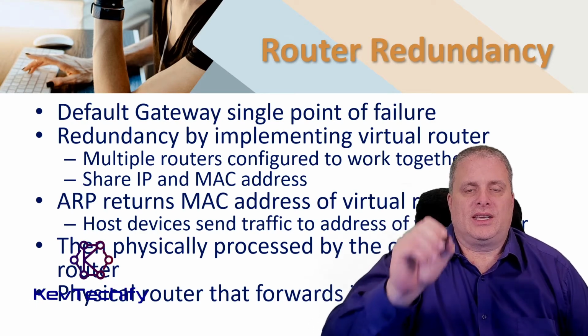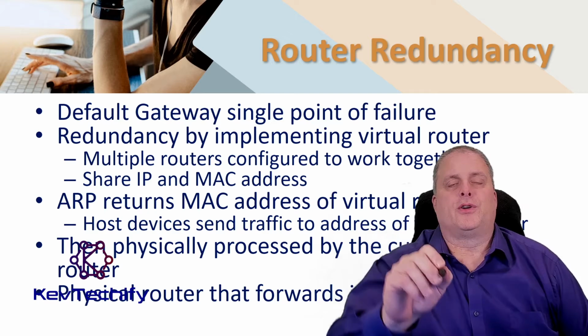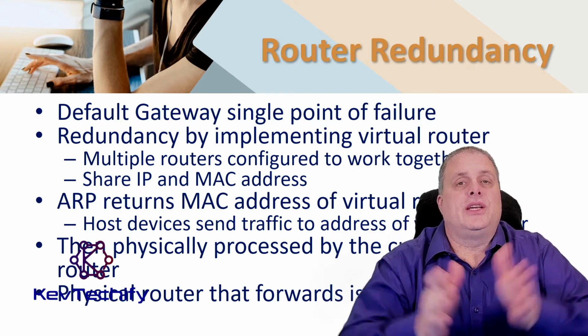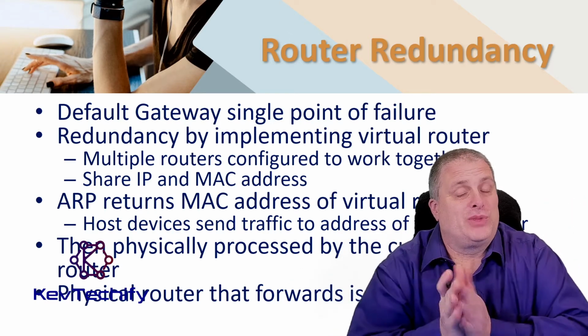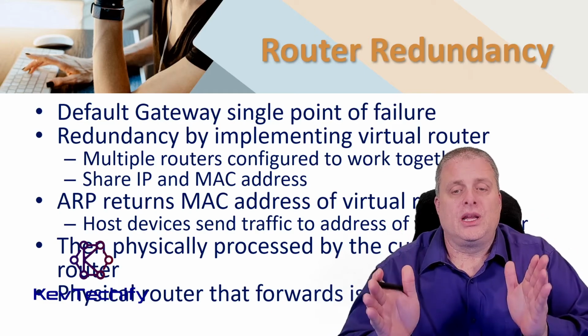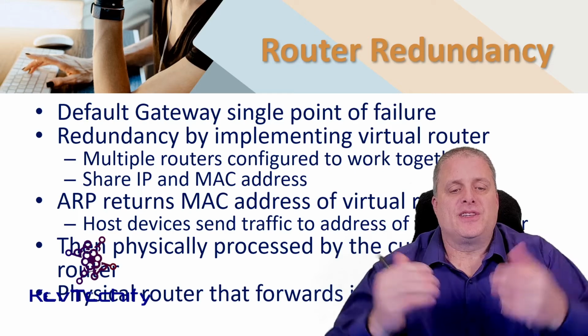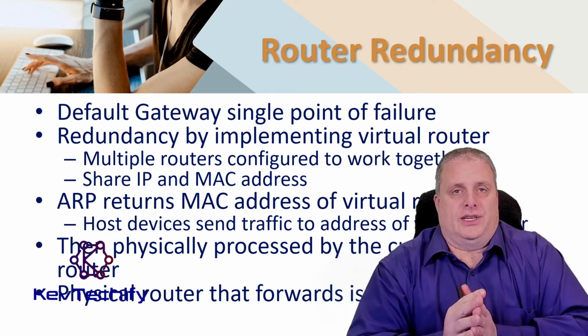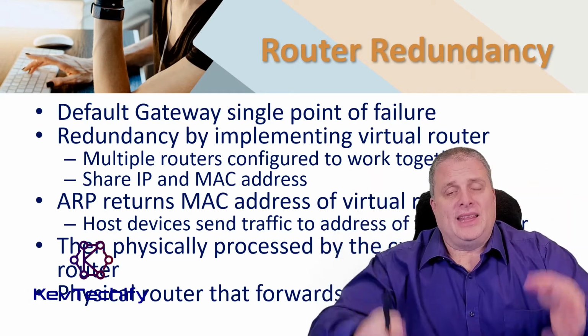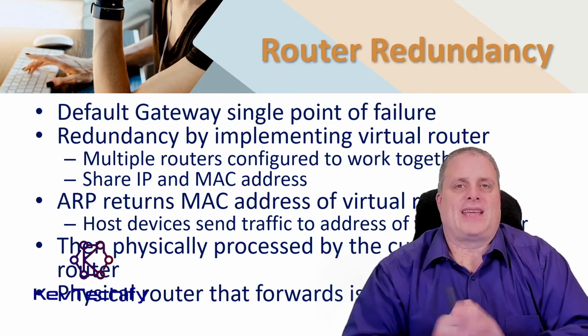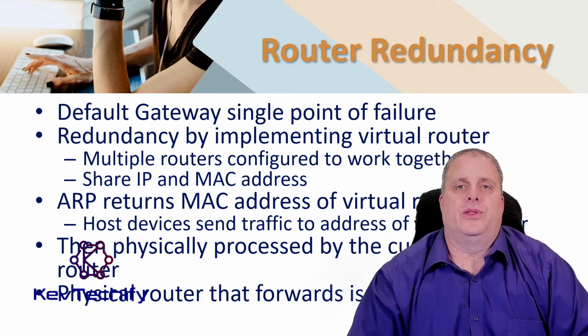Then, once it gets to that virtual router, which is actually a shared IP address on the physical routers, they can process that and send it off. That physical router then forwards it on. The end user never knows that this is happening. It's all transparent to them.